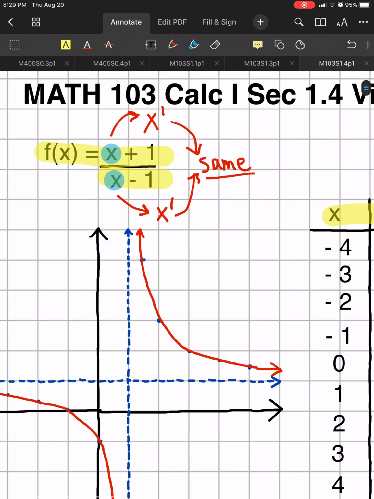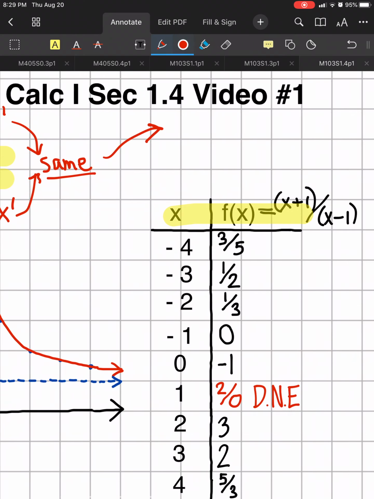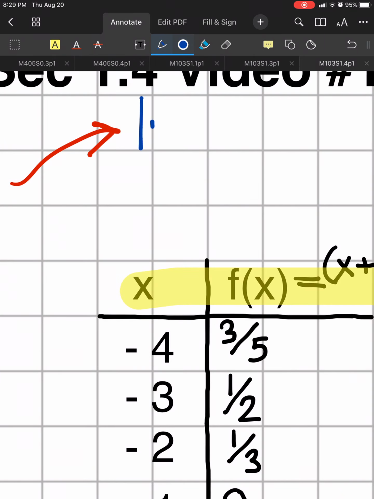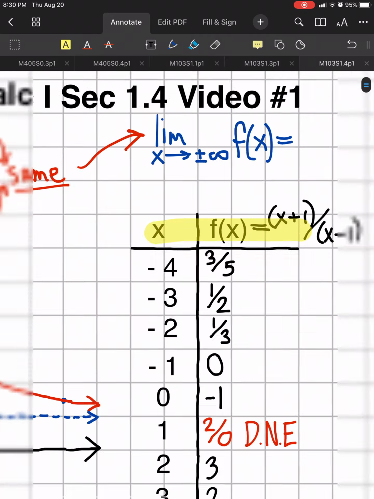And so how we find the limit then is limit as x goes to infinity, let me make it plus or minus infinity, of f of x equals the ratio of their coefficients.